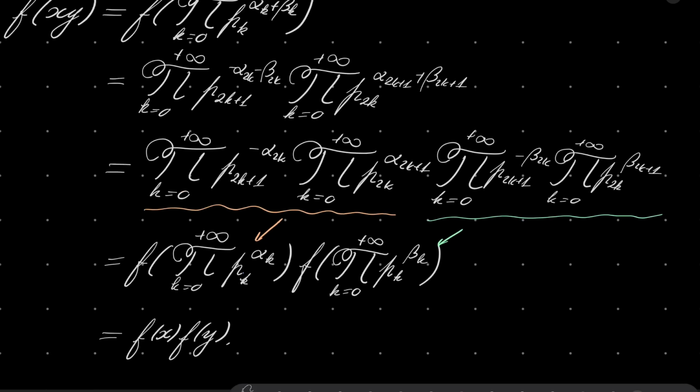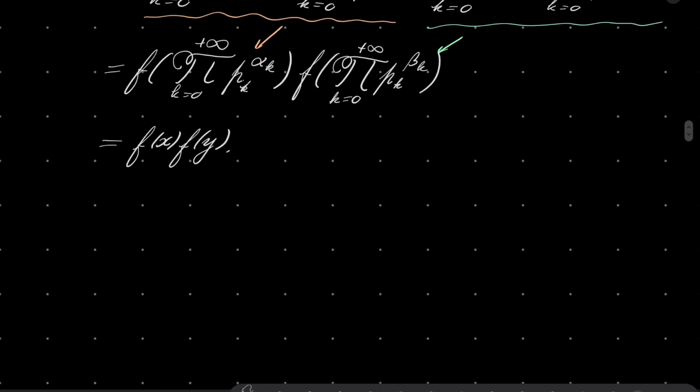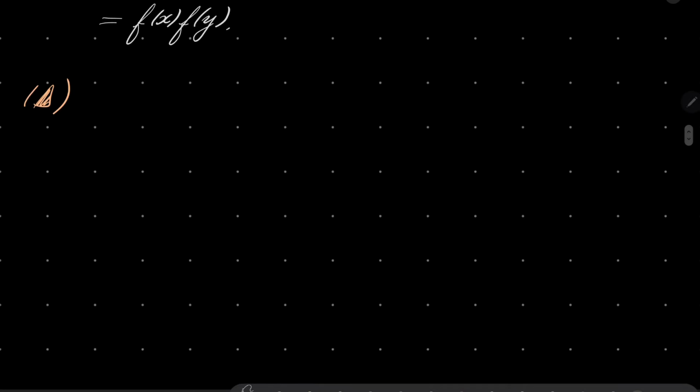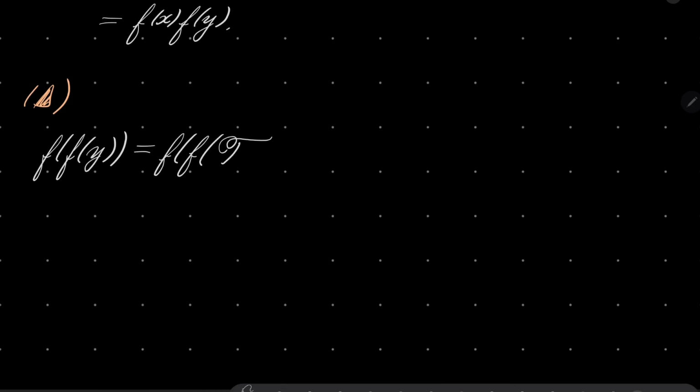And now we just need to verify the second condition, the condition which I marked triangle. Let's compose f with itself. So it's f of f of y, which is f of this product. And now, as we know, it can be written in this form.